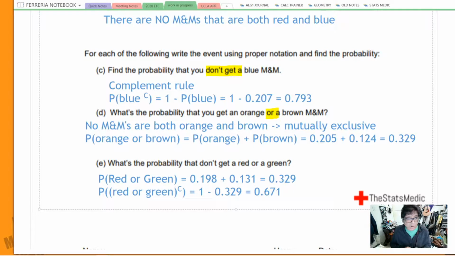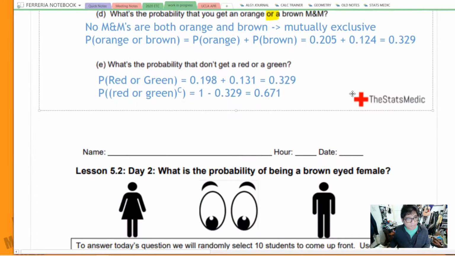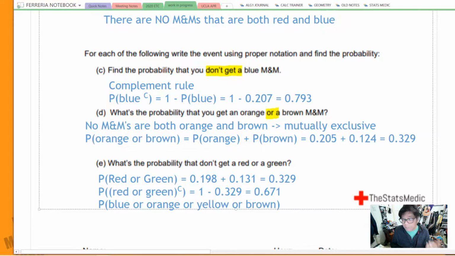Now, the last thing I want to leave you with is that this was not the only way to do this problem. What is an outcome that is not red or green? Well, that would be blue, orange, yellow, and brown. So this is also equivalent to the probability of blue or orange or yellow or brown.